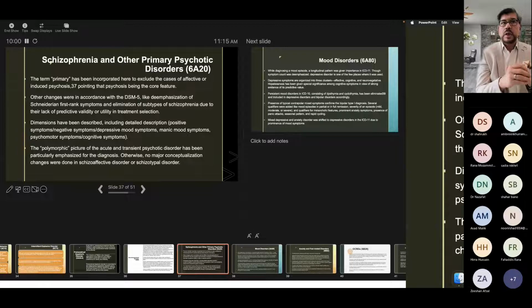Other changes were in attendance with the DSM-5, like de-emphasis of Schneiderian first-rank symptoms and elimination of subtypes of schizophrenia due to their lack of predictive validity or utility in treatment selection. Previously, we were more focused on the types of schizophrenia: this is hebephrenic schizophrenia, this is simple schizophrenia, and various other forms.